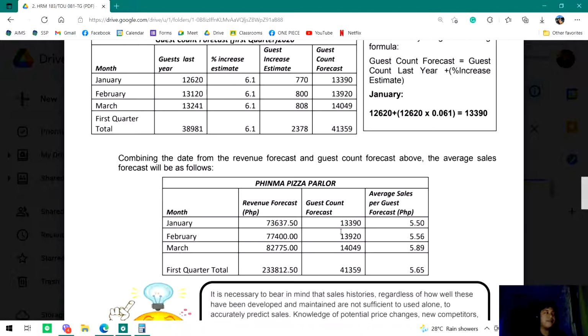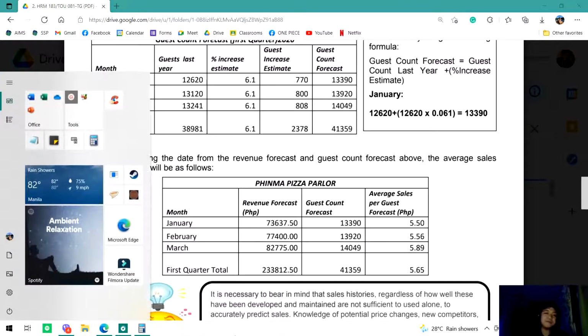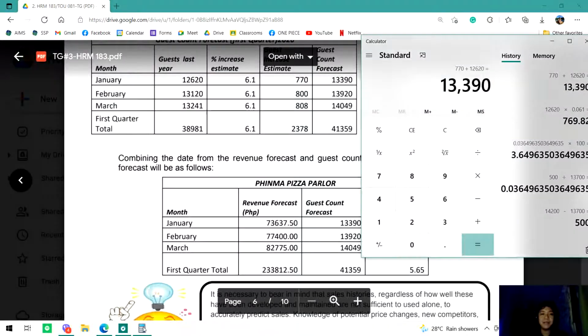So, if we have a forecast kung magkano ang revenue natin for the next few months at kung ilan ang guests natin for the next few months, we can now compute for the average sales per guest forecast, which is sales divided by guest count forecast.